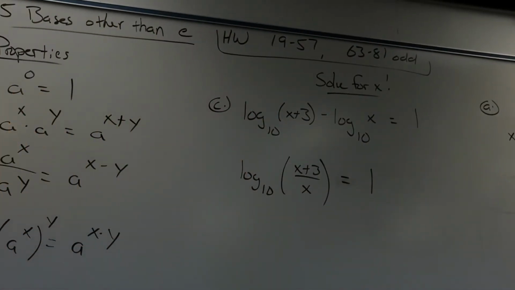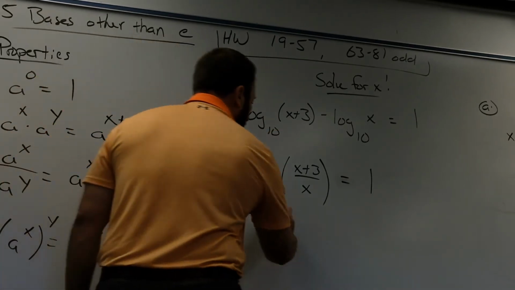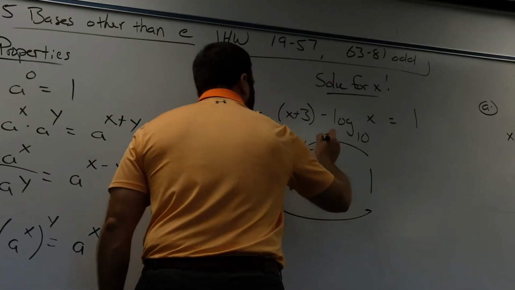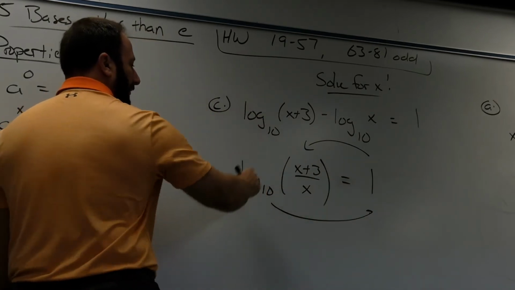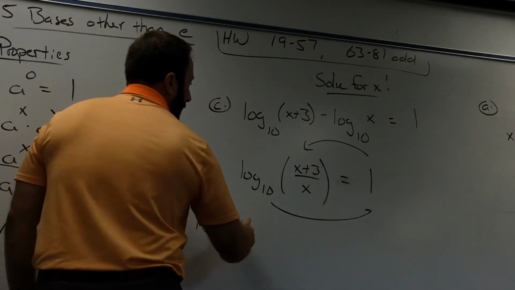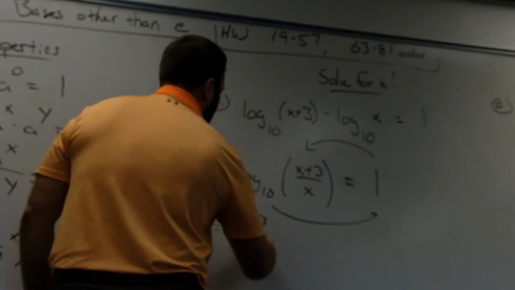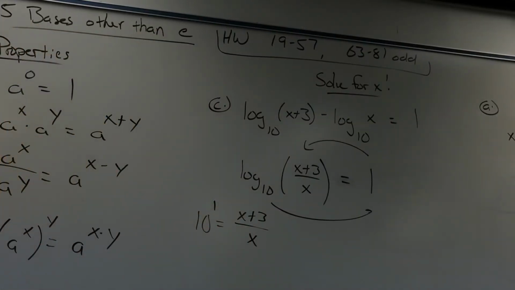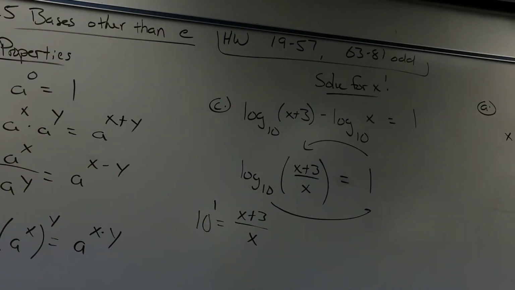All right. So now we have something that's written in terms of a single log. We could basically go around the world again. So this would be the same as 10 to the first equals x plus 3 over x. So 10 to the first, just 10. How would I solve this?